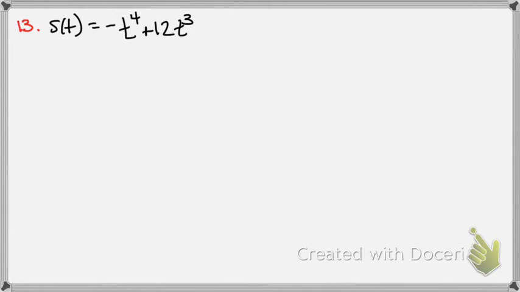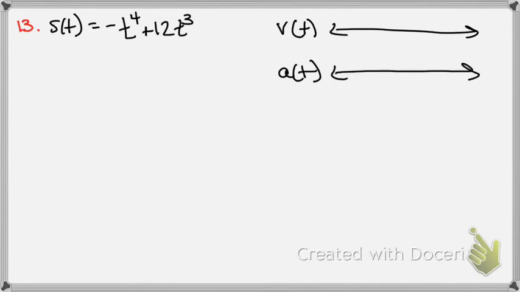So you're going to do two sign charts, one for velocity, one for acceleration, and line them up one on top of the other. And then remember, speed is increasing if velocity and acceleration have the same sign. Speed is decreasing if they have opposite signs. So we have to do a sign chart for both velocity and acceleration.